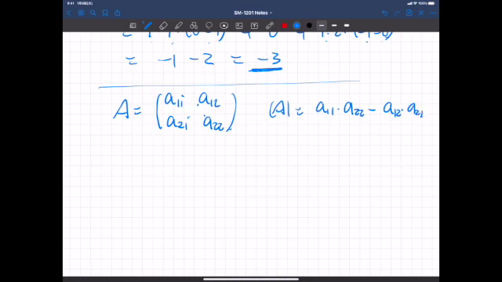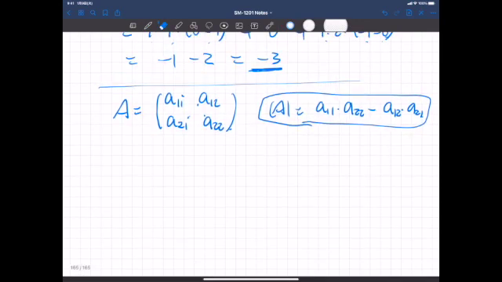So this is the first definition of the determinant for a 2 by 2 matrix. But according to our new definition, how does it go? Let's see. According to our new definition, let's take the first row as i.